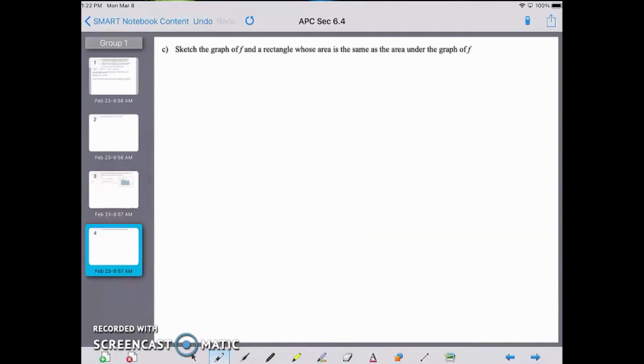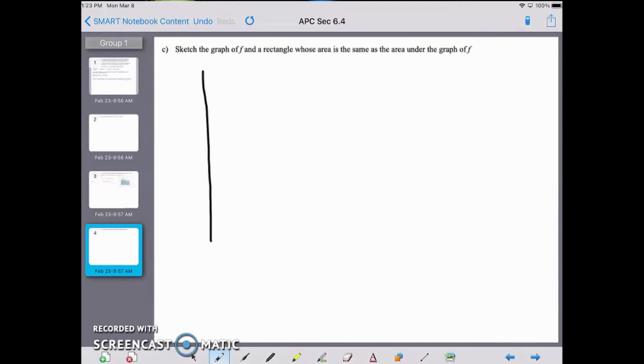For part C of example number 2, they're asking us to sketch the graph of f and a rectangle whose area is the same as the area under the graph of f. So we're going to start first by sketching what our curve looks like, which is f of x equals (x minus 3) squared.